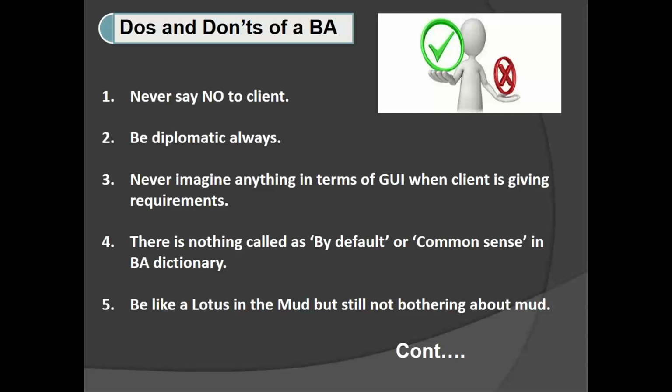You should not think like that. In your first project, the client gave username as employee ID, but here the client is giving username as employee name. So that's the reason I am saying the BA should never think that it is by default or common sense. For each and everything you have to take clarification from the client, even if you know it. Okay.